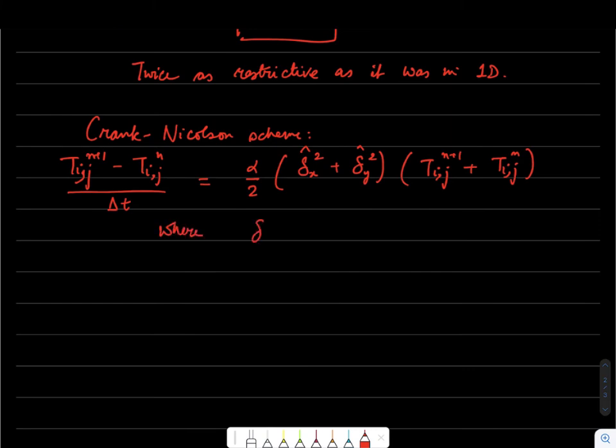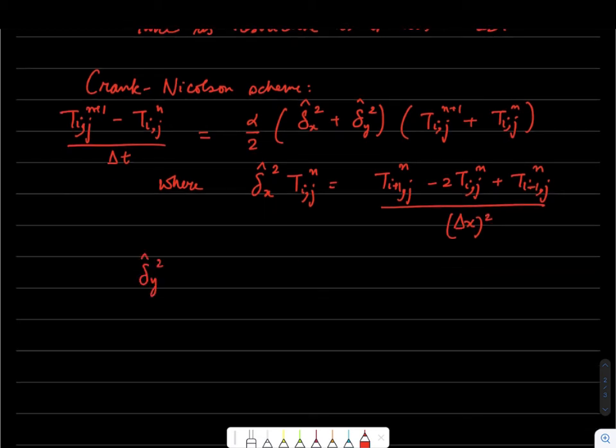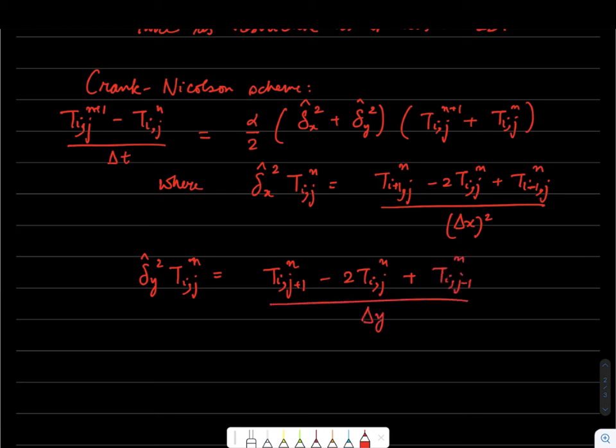what these operators are and why I have written this way. Delta x hat squared over T_ij^n would actually be (T_(i+1)j at n - 2T_ij at n + T_(i-1)j at n)/delta x squared, and delta y hat squared T_ij^n would be (T_i(j+1) at n - 2T_ij^n + T_i(j-1) at n)/delta y squared.